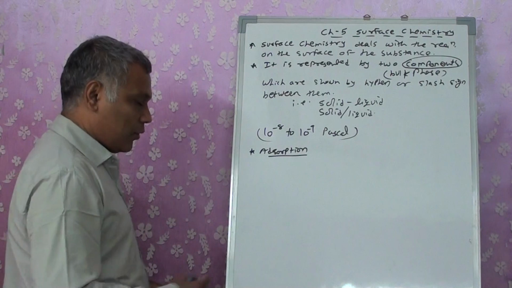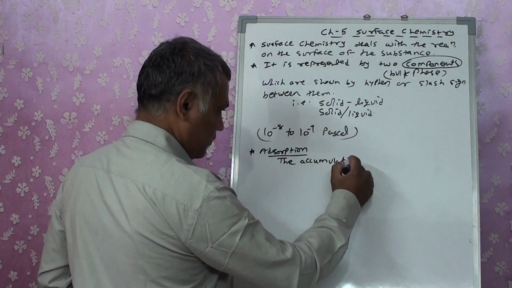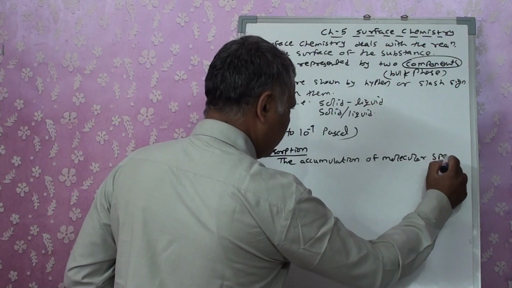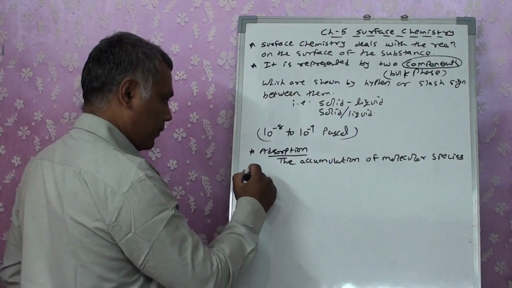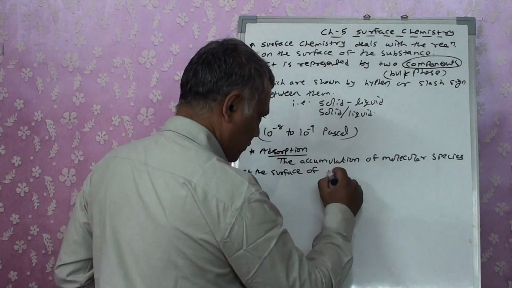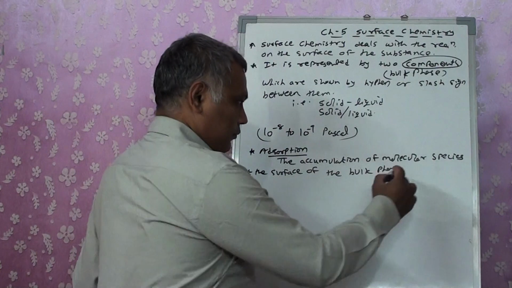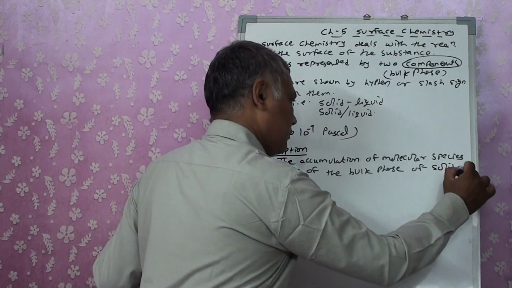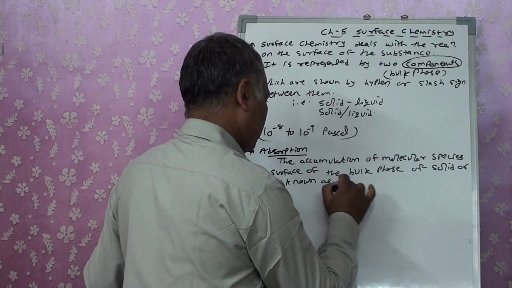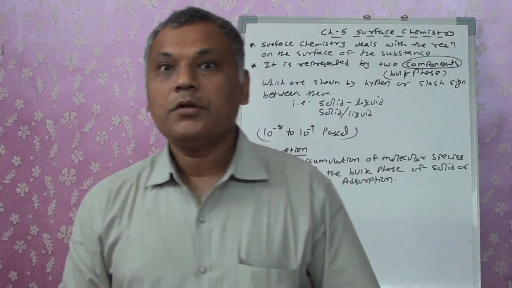So the definition of adsorption is given as the accumulation of molecular species at the surface of the bulk phase, whatever the reaction is carried out onto the surface.